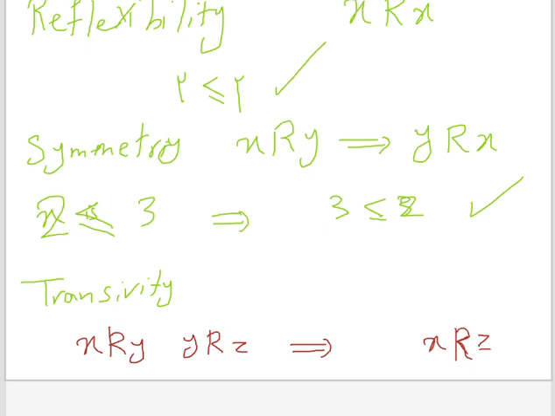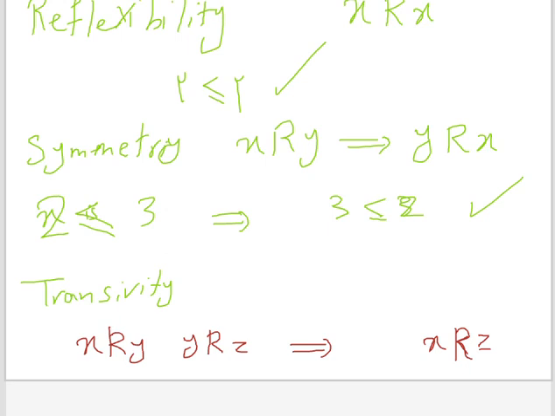Reflexivity: x has a relation with itself. For example, I can say that 2 is less than or equal to 2. This is true. Symmetry: if x has a relation with y, then I can say that y has a relation with x.